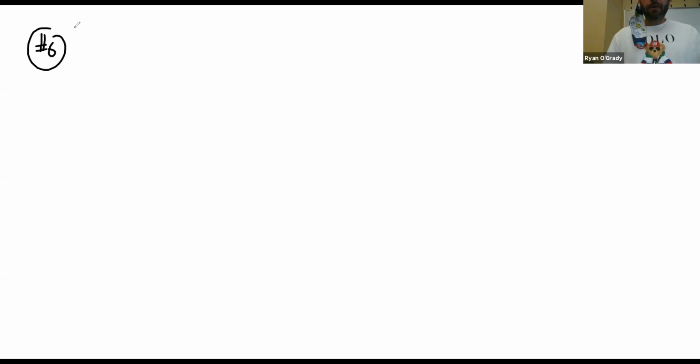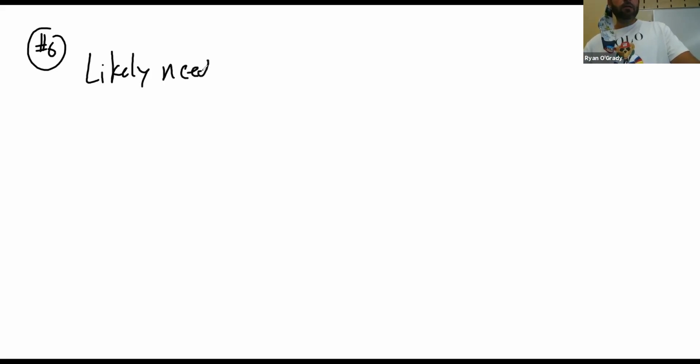So this one's tough. You might not be able to sketch this one by hand. You might need to go to a calculator for help. Or let me not say might, you likely need help from Desmos here.